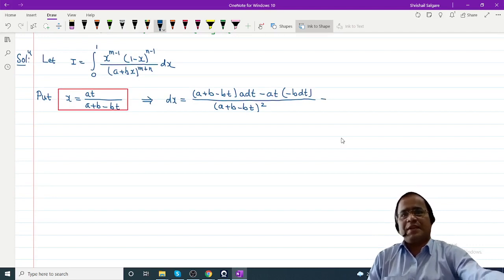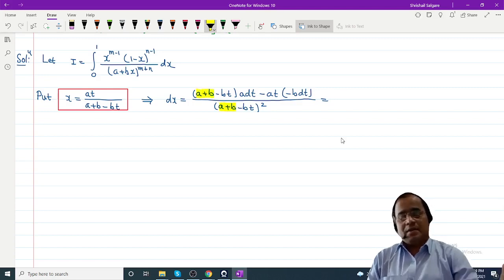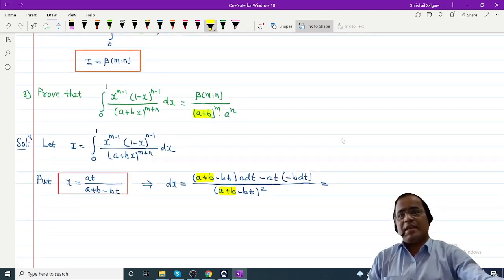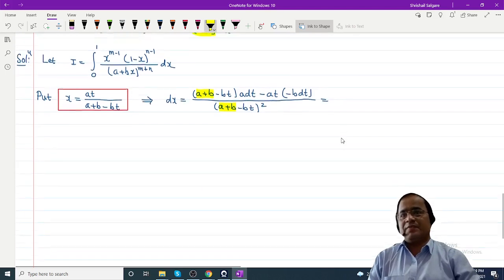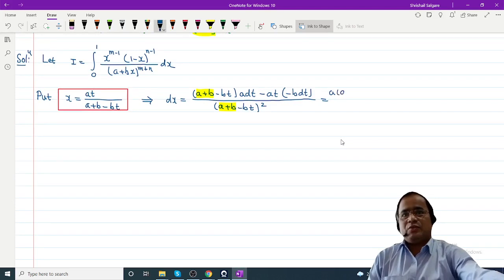Further, if you simplify it, while simplifying I will take one term as a plus b. Why? In the required answer, we are having a plus b as one factor. So if you simplify this, first is a into a plus b dt minus abt dt plus abt dt, and that whole divided by a plus b minus bt, its bracket square.